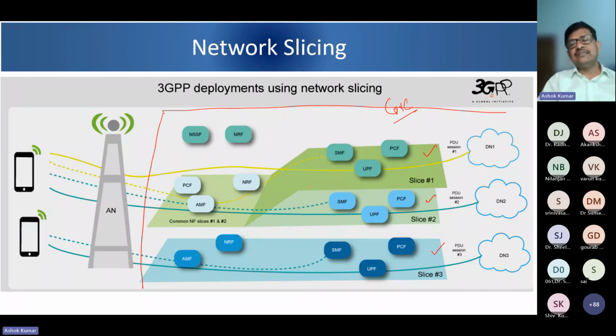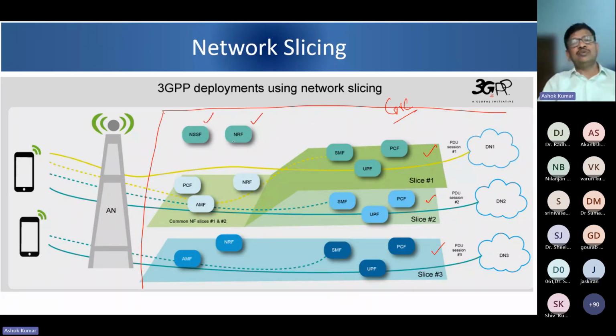As you can see, there are some network functions which are common to all three slices. Can you see which network function is common to all three slices? NRF, yes, and NSSF. Very right.